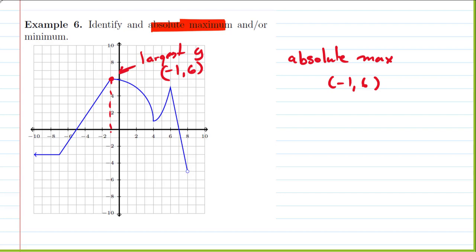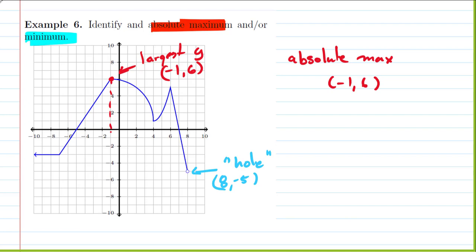So then we want to find our local, or not our local, but our absolute minimum. So that would be our smallest y. So we come looking here, but we run into a bit of trouble. So our graph has a hole here. And our hole is located at 8, -5. So there is no y value that is smaller than every other one.